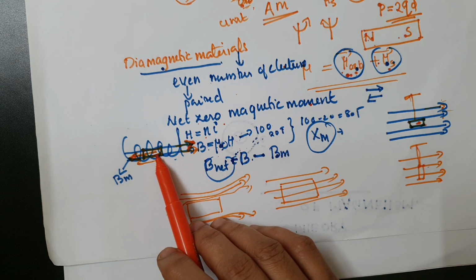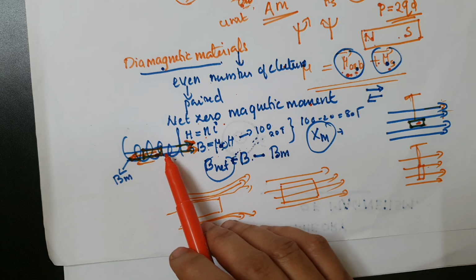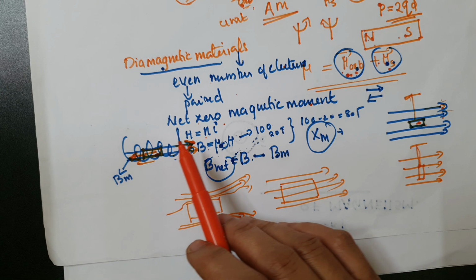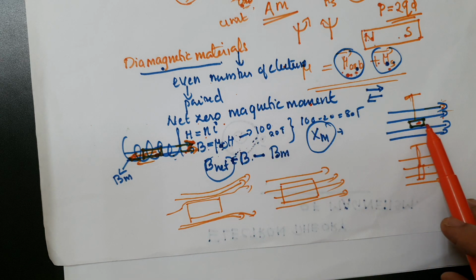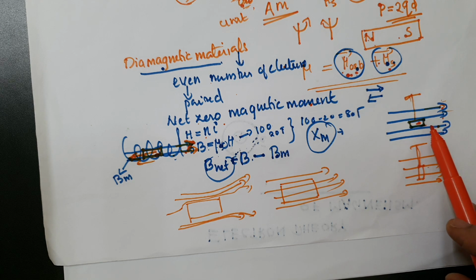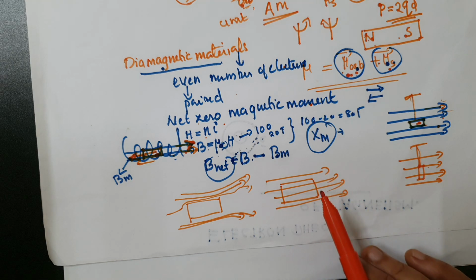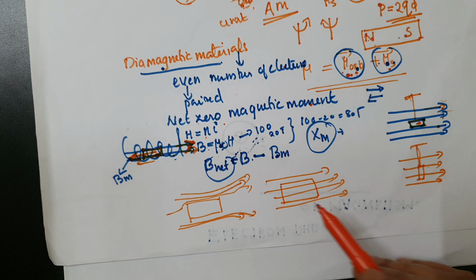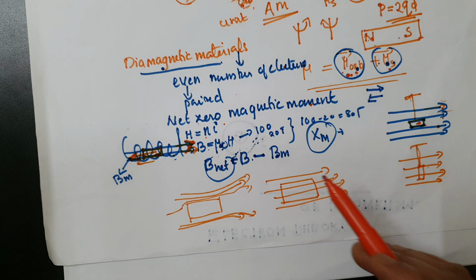And here we can summarize the properties of the diamagnetic material. When a diamagnetic material is placed in an external field, it decreases the strength of the external field, and when it is suspended freely in the presence of an external field, it always aligns perpendicular to the direction of the external field, and when a field is passed through it, it just expels the magnetic field lines.